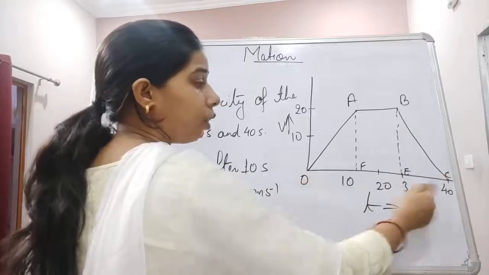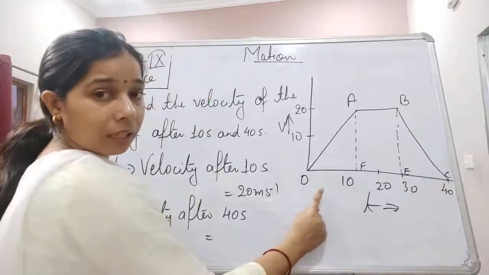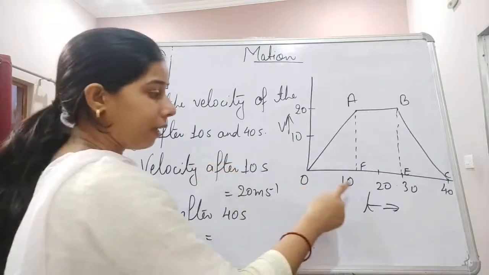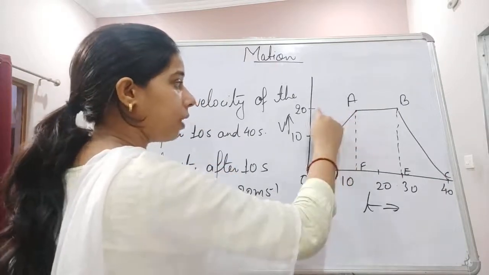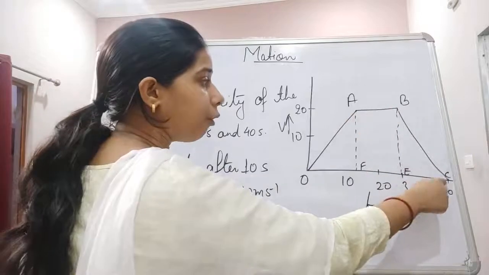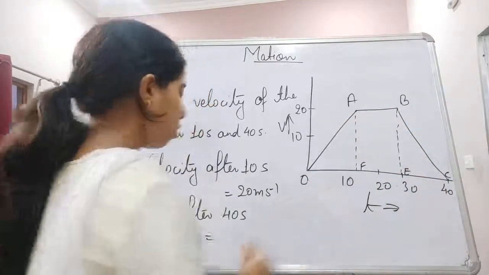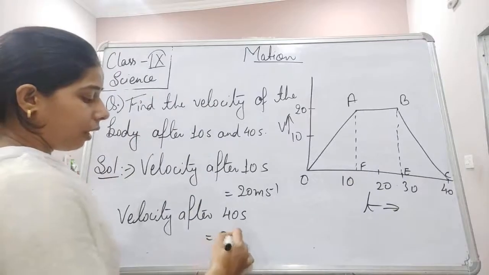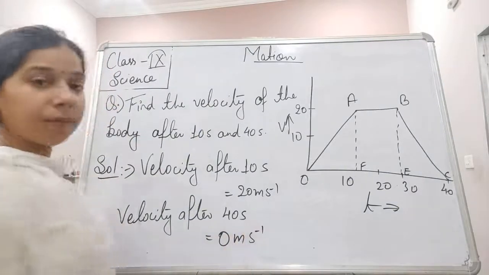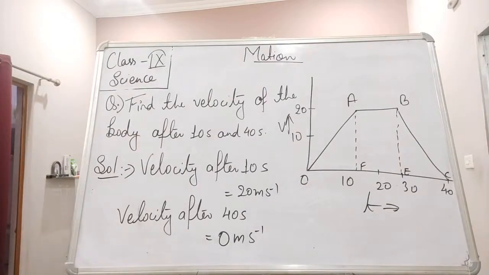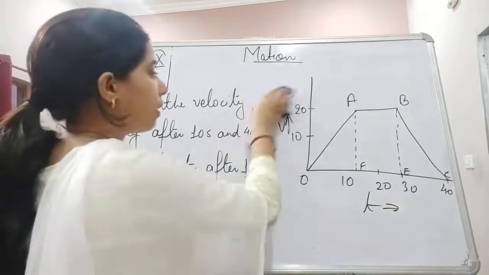So at 40, the velocity is equal to 0, right? After 10 the velocity is 20, but at 40 you can see that it came down here, so it will be 0 meter per second. Let us see another question with the same graph.